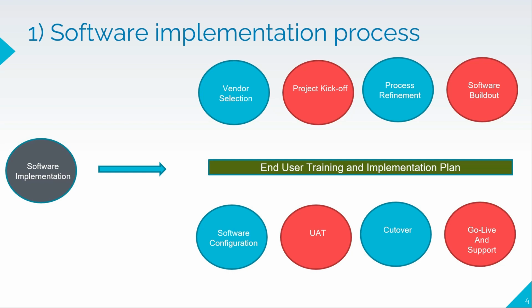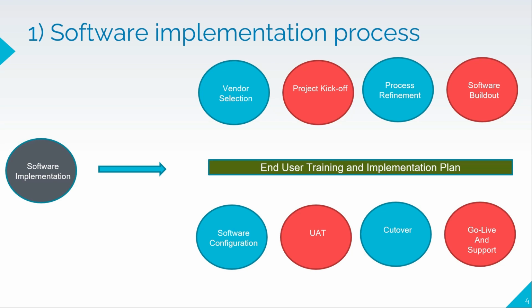The next, fourth step is we will create the first software build out. Then we will do the software configuration. The software configuration is nothing but understanding the business requirements and making the changes.